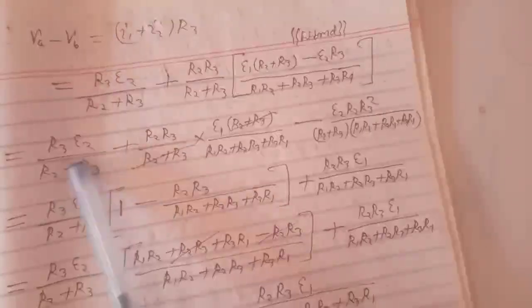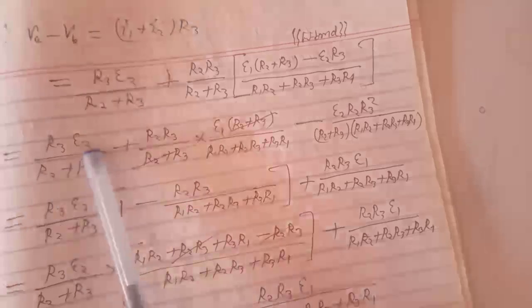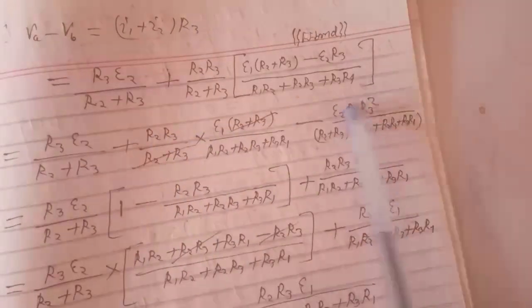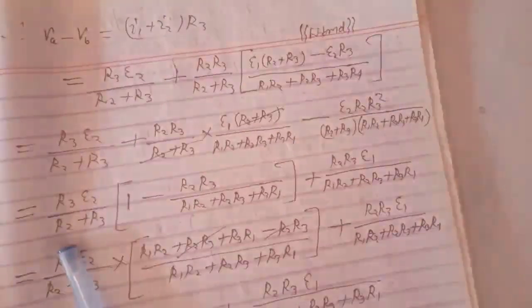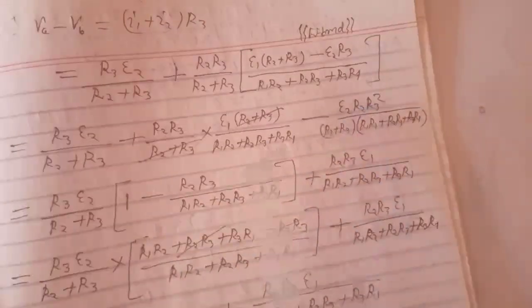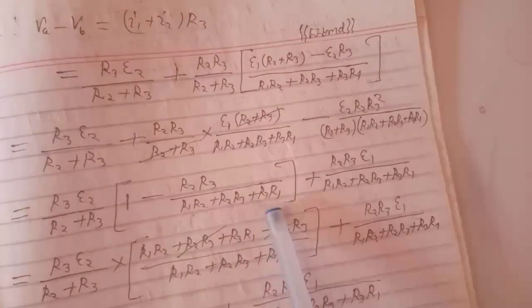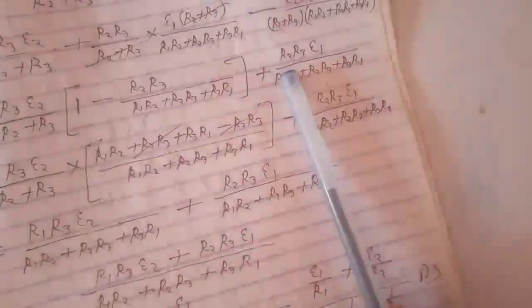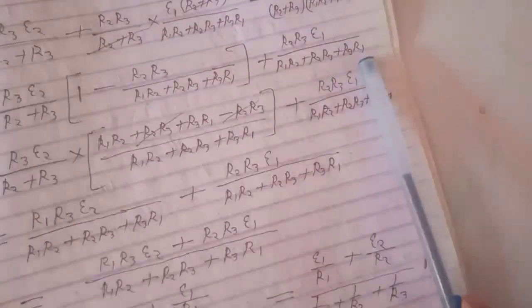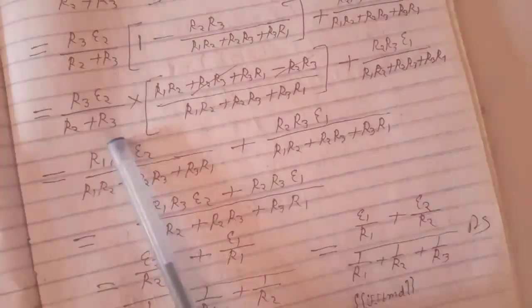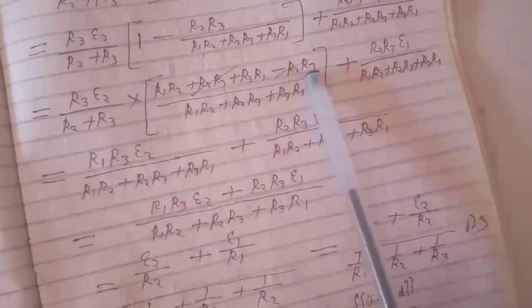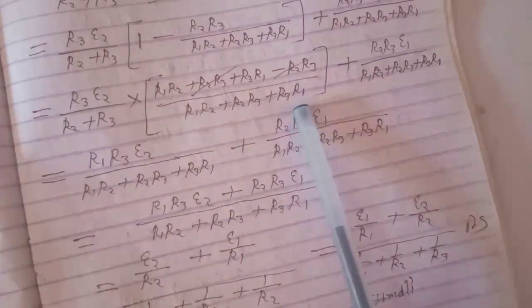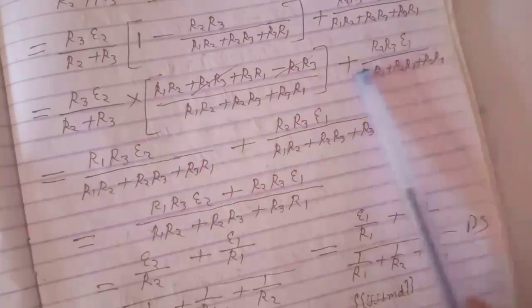Taking R2 E2 common from this and this, we have R2 E2/(R2 + R3) times [1 − R2 R3/(R1 R2 + R2 R3 + R3 R1)], plus what we are left with, R2 R3 E1/(R1 R2 + R2 R3 + R3 R1), equals R3 E2/(R2 + R3) times [(R1 R2 + R2 R3 + R3 R1 − R2 R3)/(R1 R2 + R2 R3 + R3 R1)] plus R2 R3 E1 divided by this value.